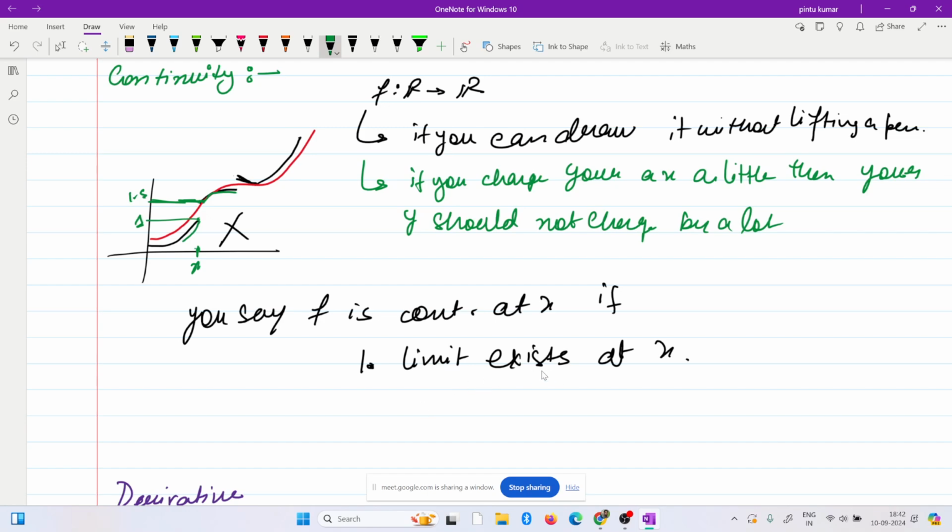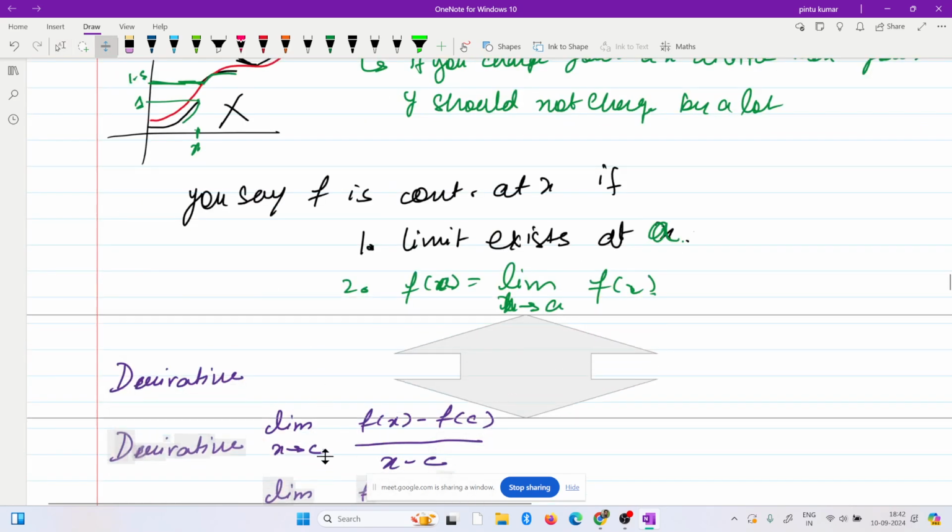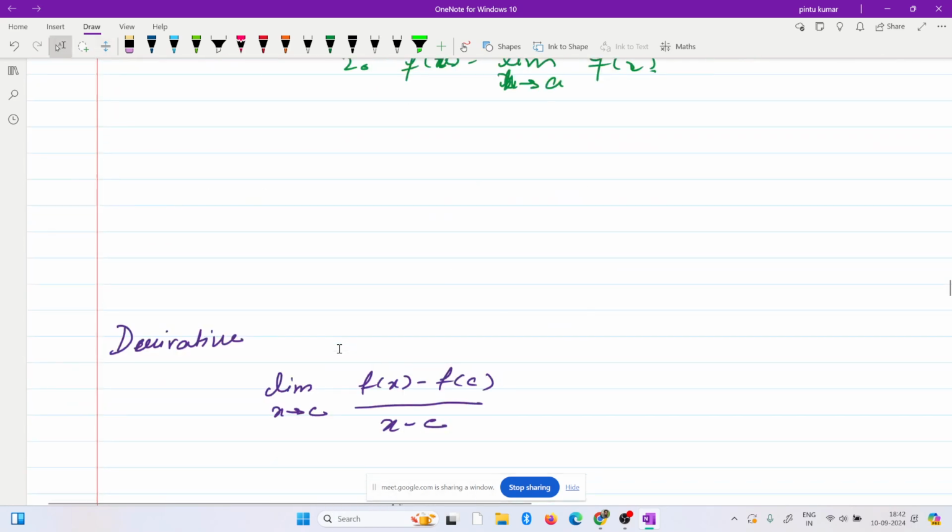So the first condition that you should have is that the limit exists at x, and the second condition is that f(x) should be equal to the limit. Let's use the notation a: limit x tends to a of f(x). At some point a, this should hold, so this will also be f(a). What I mean by the second condition is, let's say you have a plot like this.